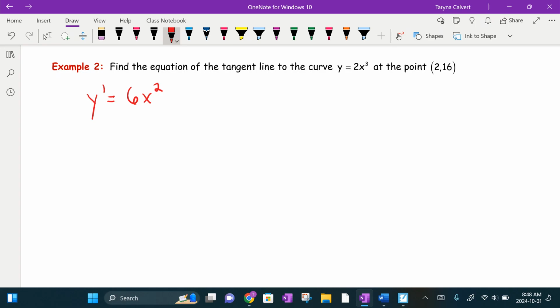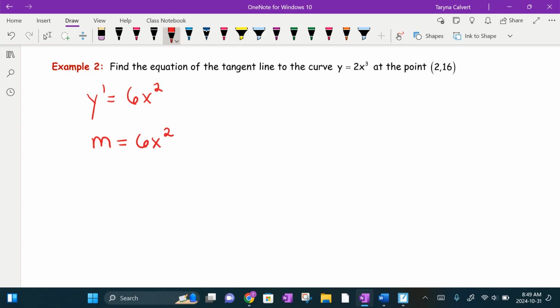So can I use that now to find my slope? Pardon me? So remember, is this my slope function? So I can change that y prime to m. Because is it my slope function?